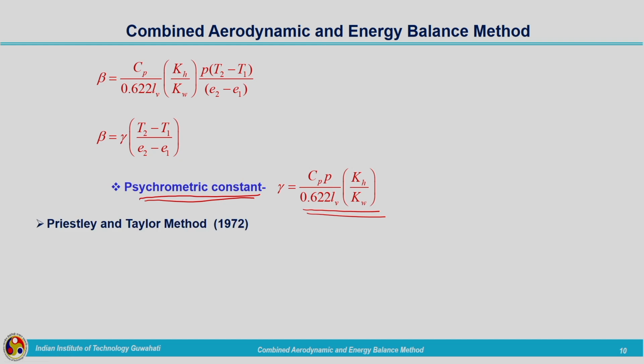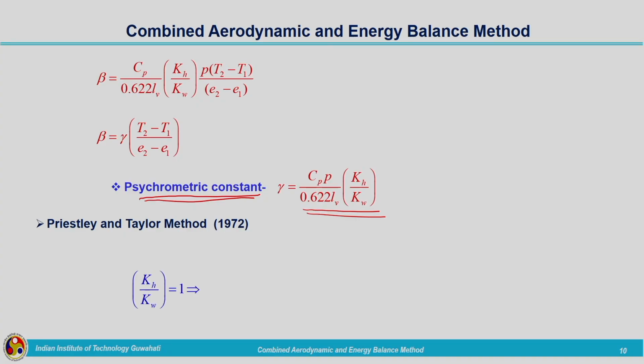Now, according to the Priestley and Taylor method, which is a common combined method used for finding evaporation, they conducted many evaporation experiments and found a combined expression for evaporation.